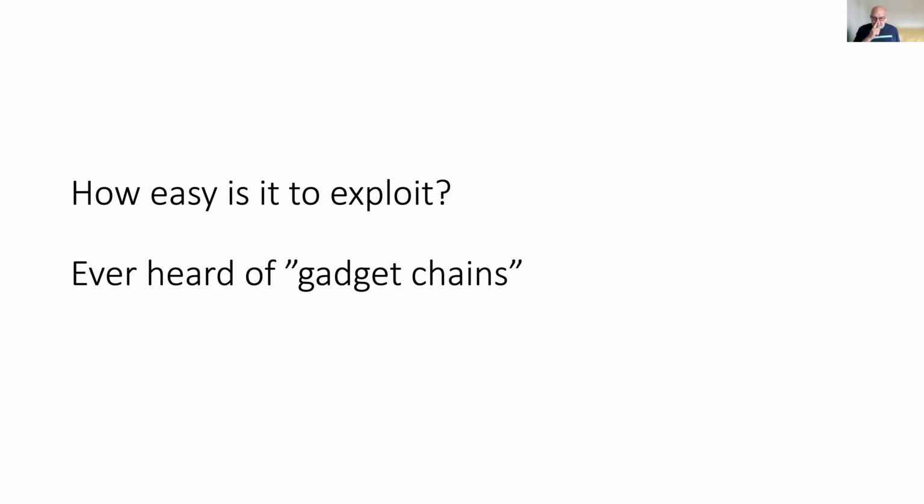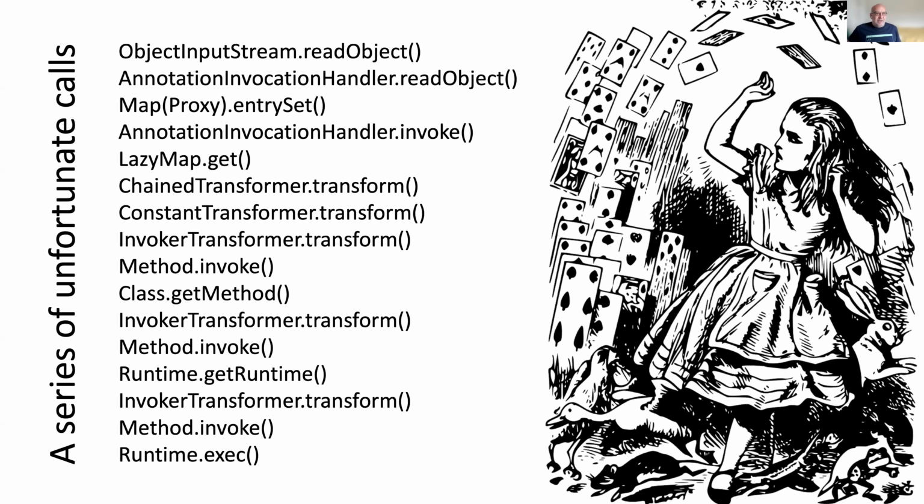The idea is that because you can put arbitrary, or semi-arbitrary, objects in places, and methods get called, code gets run, objects get instantiated, you can construct complex chains from some start, in this case ObjectInputStream.readObject at the top, all the way through to doing something which the bad guys really want to do, which is the Runtime.exec at the bottom. That's what they're trying to get to.